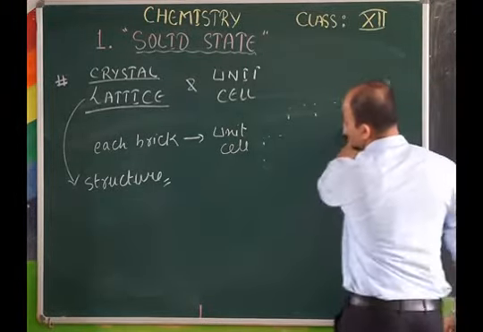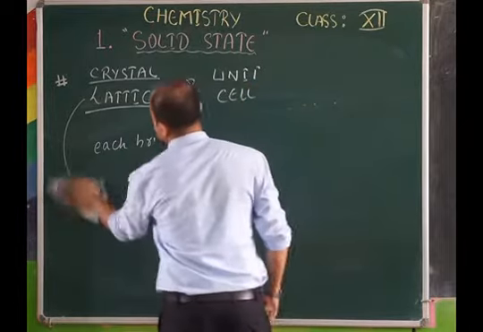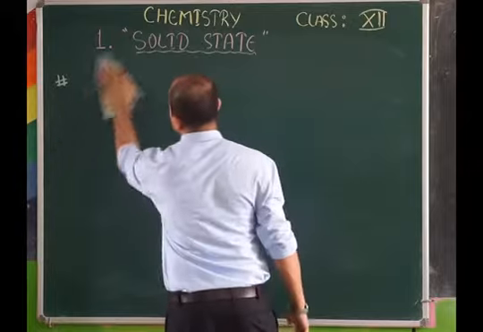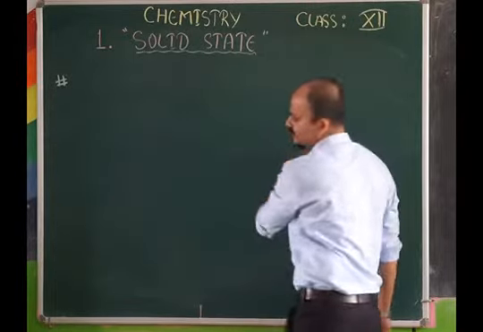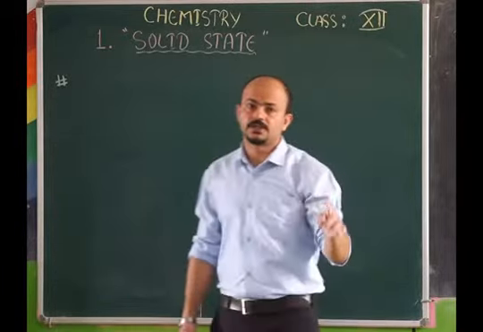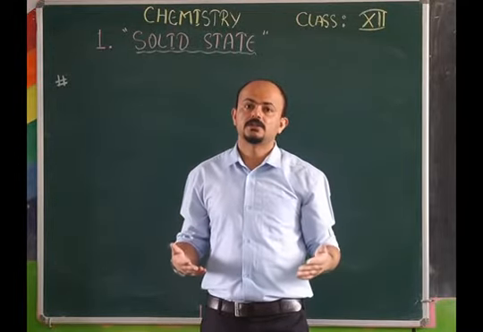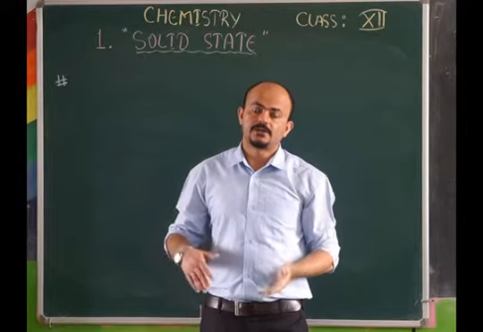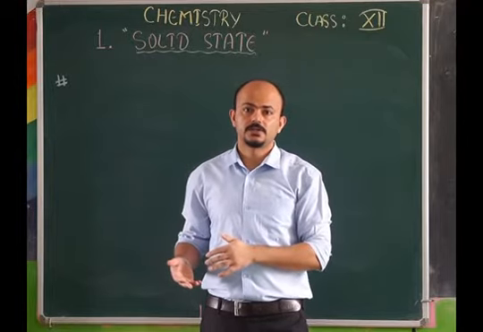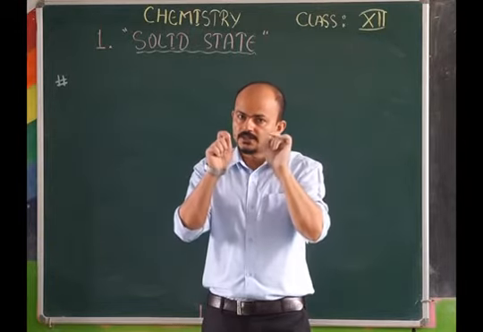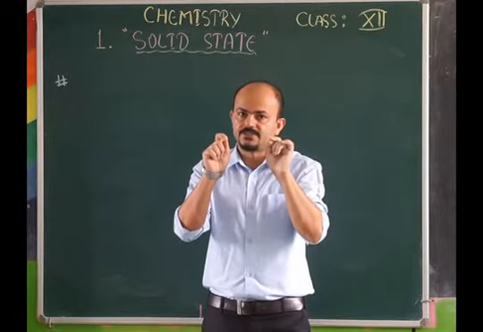Now, in your syllabus, these unit cells could have different structure. Like it could be a square, it could be rectangle, it could be parallelogram. So it is based on how these atoms are arranged.